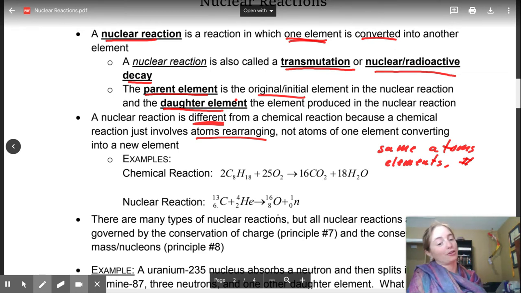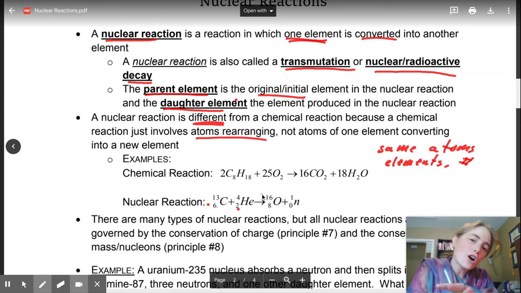We can't do this on Earth, by the way. As far as we know, only stars can do this. Pretty cool. So here we've got carbon and helium. Look at this, number of protons, 8. 8 protons. They've just combined. Look at the mass numbers. We got 17. We got a total of 16.